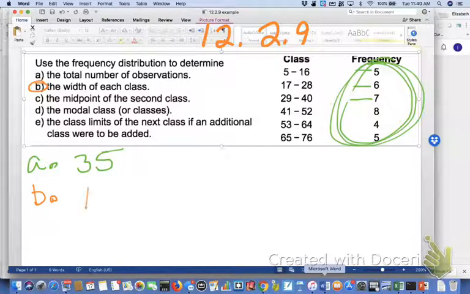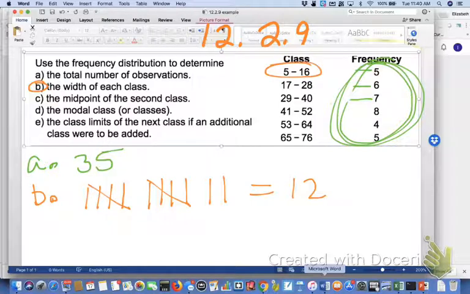I'm going to count 5, 6, 7, 8, 9, 10, 11, 12, 13, 14, 15, 16. Notice that's actually 12 numbers that appear within that interval. So again, don't subtract. You're literally counting the number of numbers that appear. Really you can subtract and add 1, and that'll always get you the correct width for the interval.